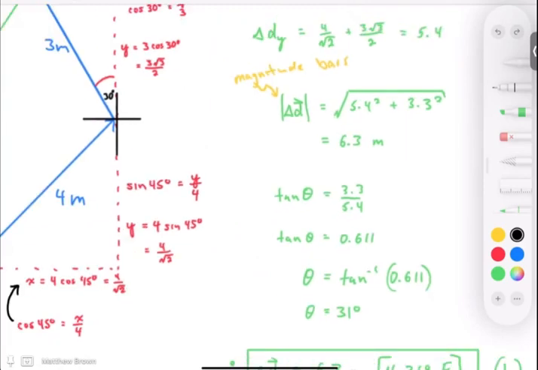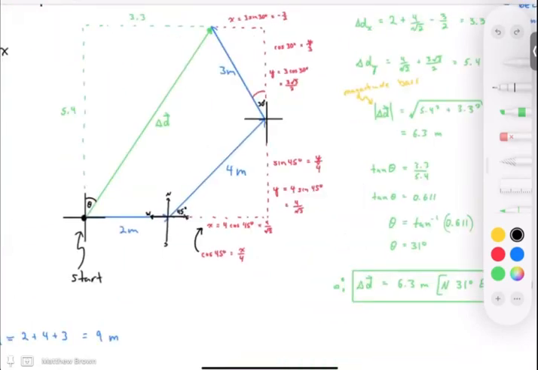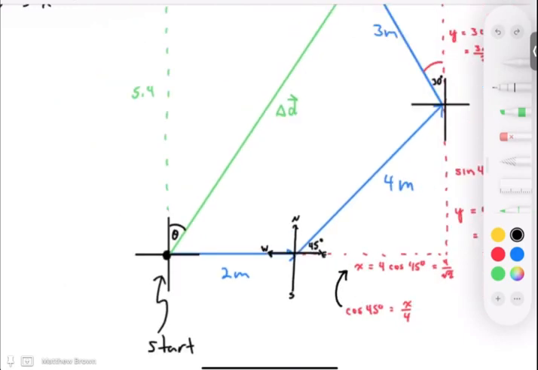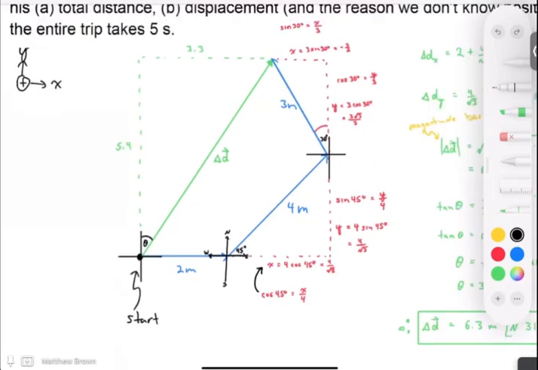Again, be careful when you're getting your angles, and understand what it is. This is where the sketch is so important. The way I've drawn this with my little coordinate system here, I know that the angle I'm going to find is starting north and going toward east.